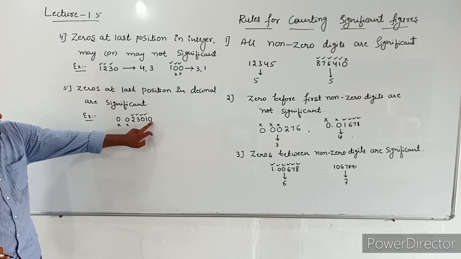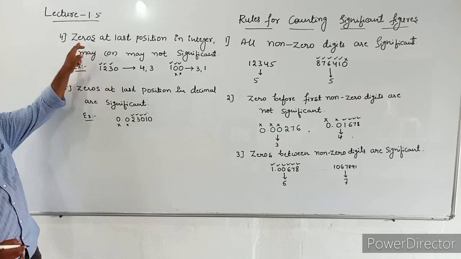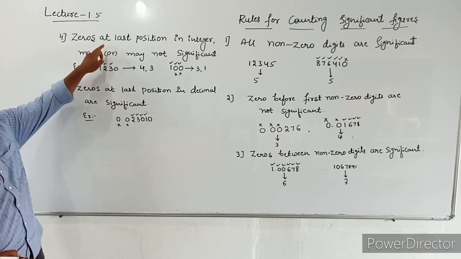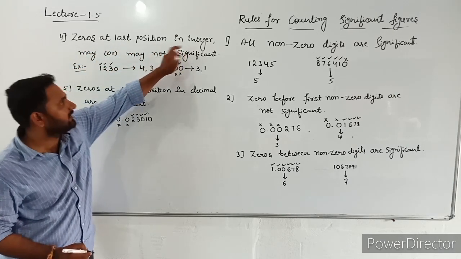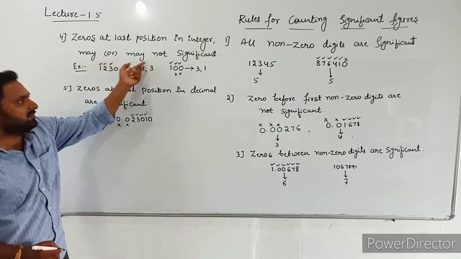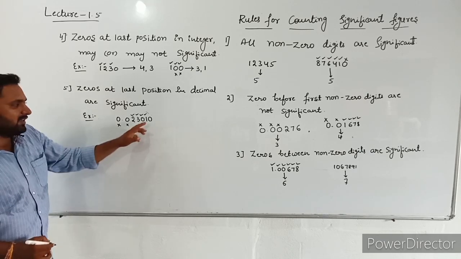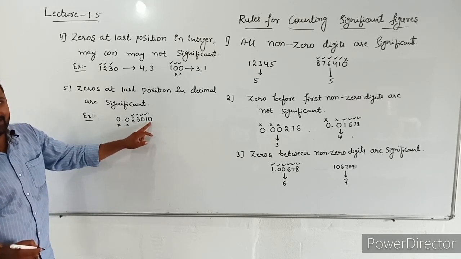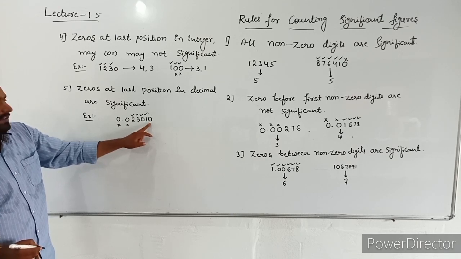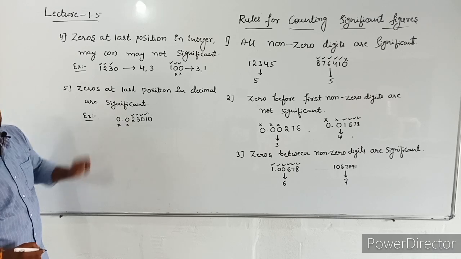Okay, what about this zero? According to the fourth rule, if zeros are present at the last position in an integer, they may or may not be significant. But in most of the cases, we don't consider them. So here we don't consider this one. Correct or wrong? Wrong, because here there is a decimal point.